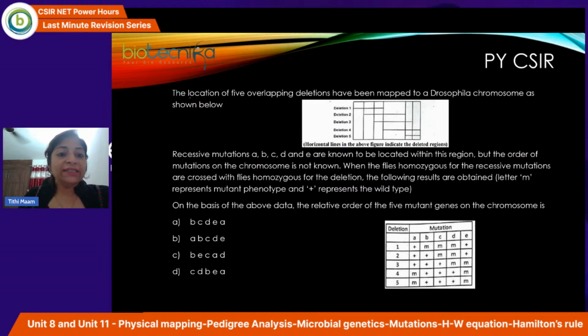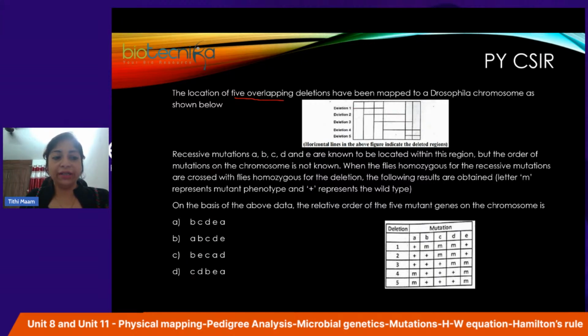The question says that the location of 5 overlapping deletions have been mapped to a Drosophila chromosome as shown below. It is clearly mentioned that the horizontal lines in the figure indicate the deleted region. So if in deletion 1 this is the line, that means the chromosome is this long, and from there this much part has been deleted.